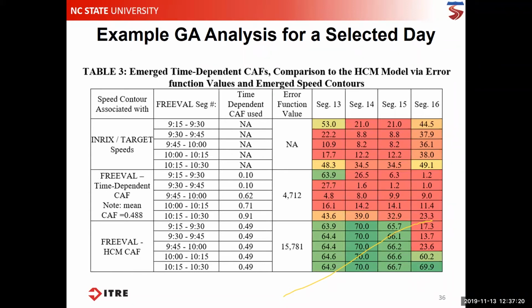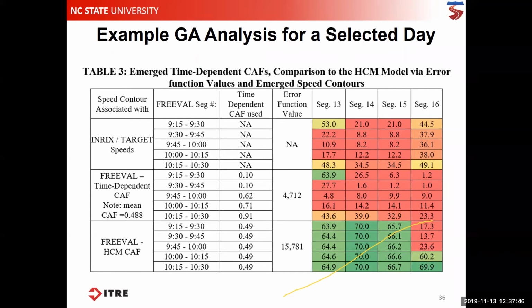It shows low speeds close to about 8-9 miles per hour on average per 15 minutes. Then I show what our revised GA has calibrated our FREEVAL to model for this incident, and the queuing patterns are very similar to what we are seeing from our INRIX reported speeds.